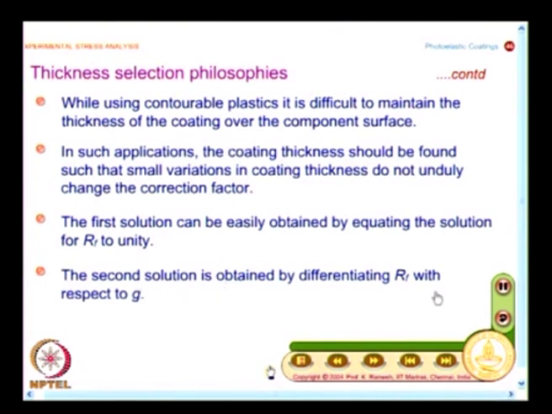So, whatever the expression you have for correction factor, that needs to be differentiated with respect to G, and ensure that whatever the correction factor you get is not changing drastically for small changes in the thickness, because it is very difficult to maintain thickness for large structures, there could be small variations.